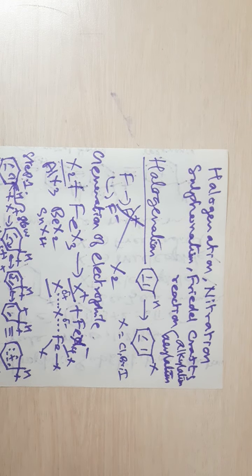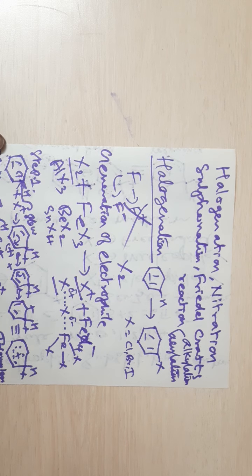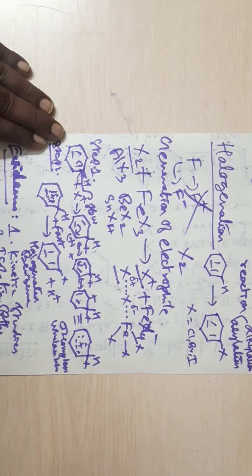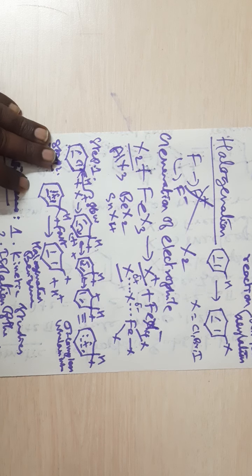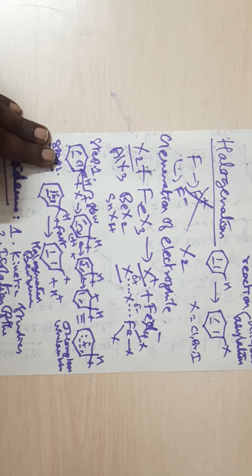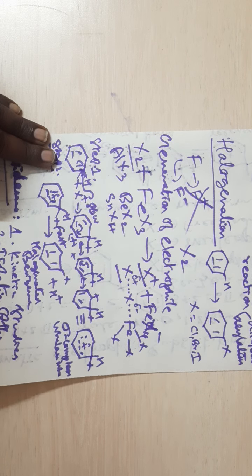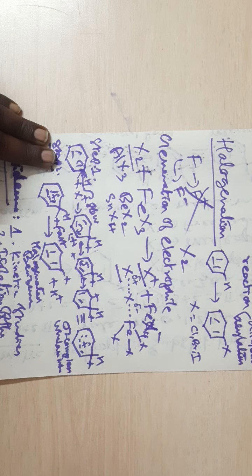See, I told you there are many reactions. First we saw the halogenation reaction. Halogenation takes place when a halogen is treated with an aromatic compound in the presence of a Lewis acid catalyst. Any one can be used: ferric halides, aluminum halides, beryllium halides, stannic halides.